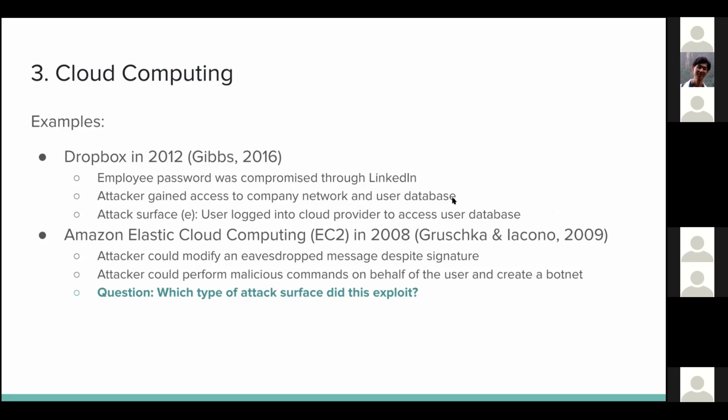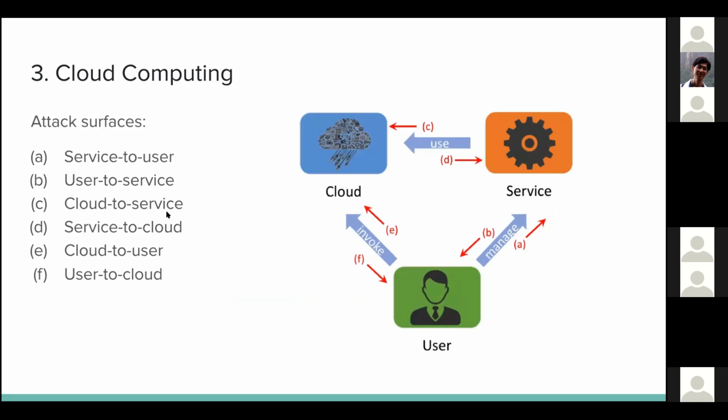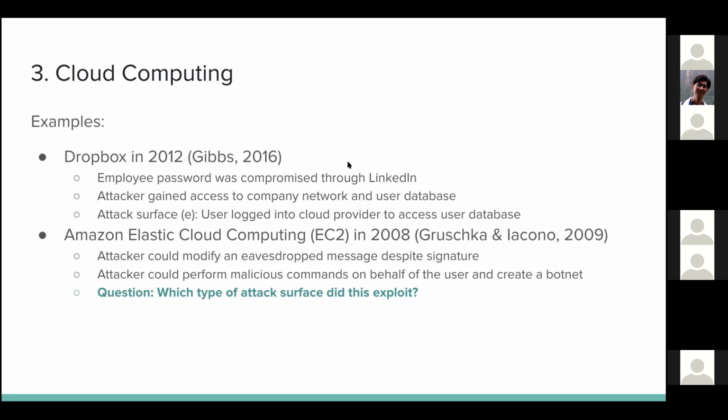Okay. In this case, it's classified as attack surface E, which is that the user logs into the cloud provider system directly to access the user database. The second example is Amazon Elastic Compute Cloud in 2008. What happened was that an attacker could modify and eavesdrop on messages between the users and the virtual servers.